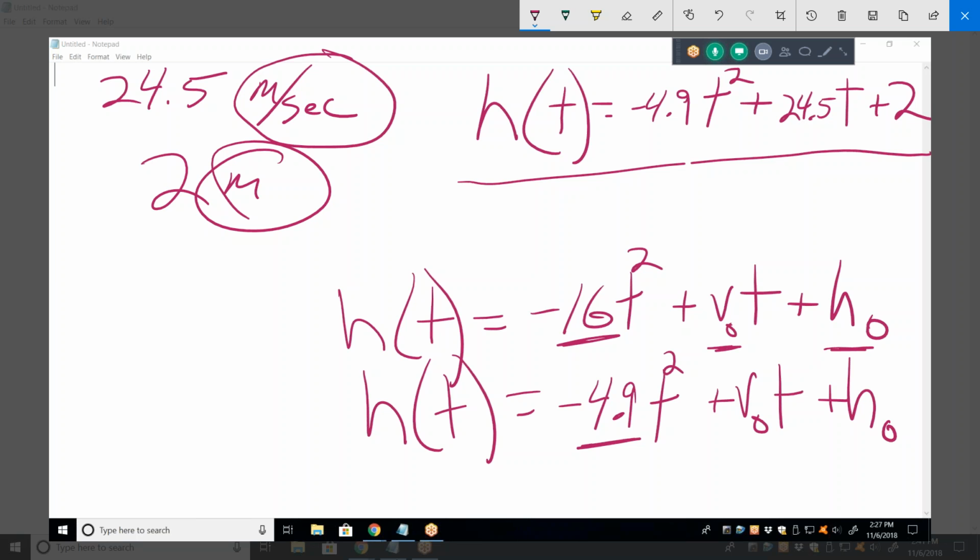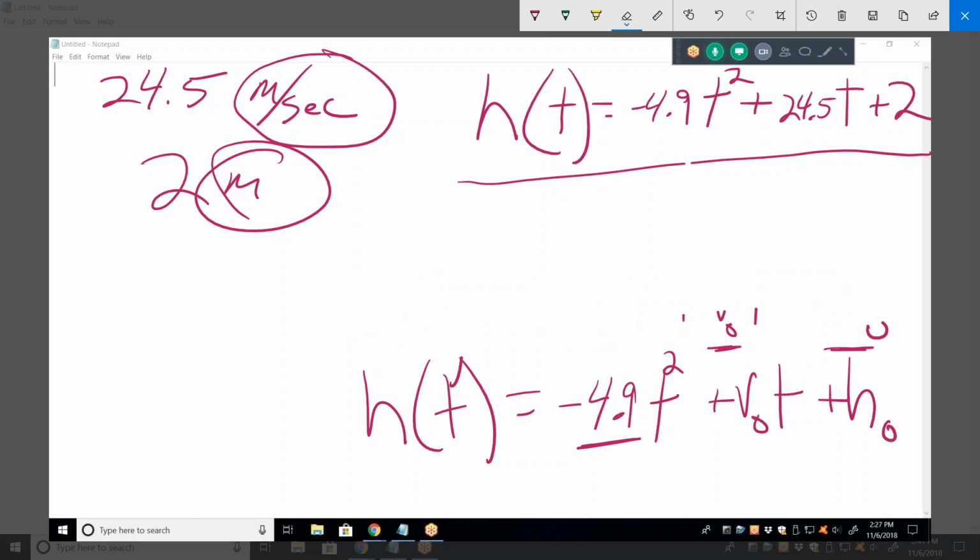Okay? So if you want to know what your height is at any moment in time, let's use the second equation. The only thing I'm not completely sure of is that it might be 9.8. Do you know whether it's 9.8 or 4.9?